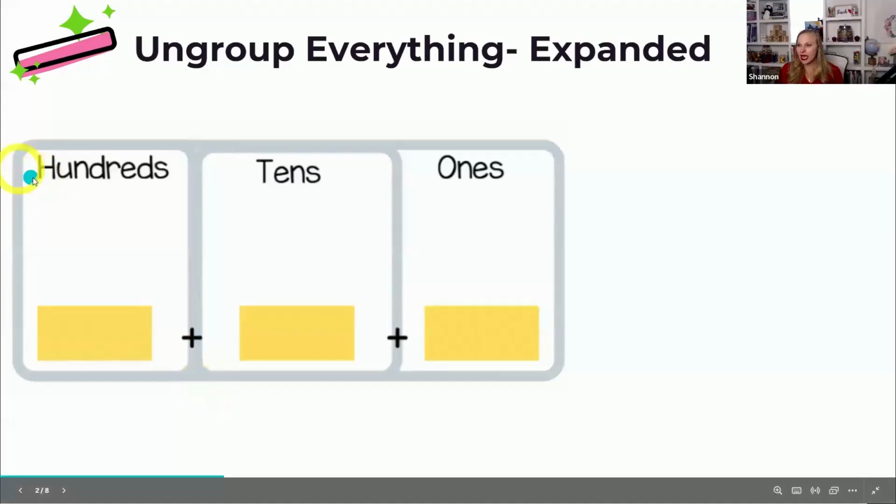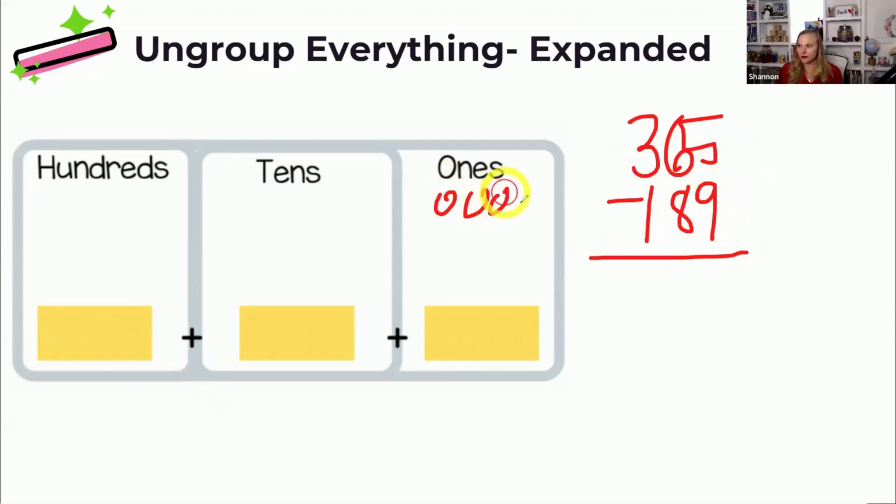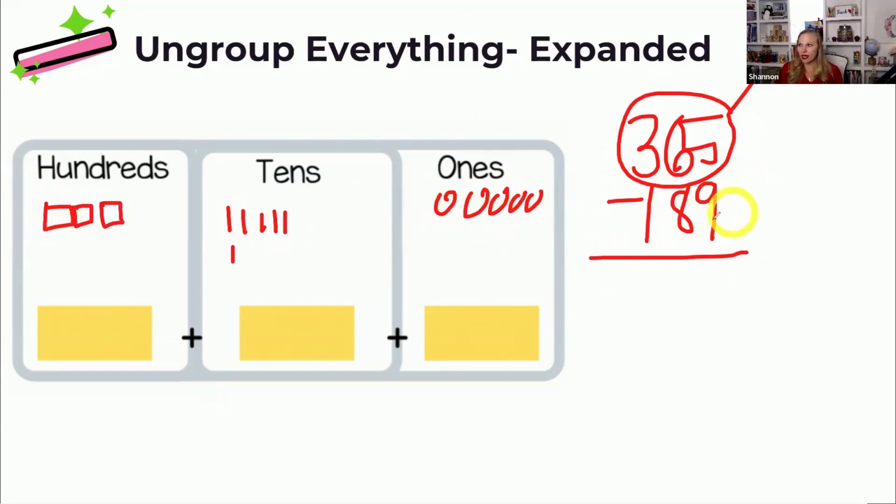So now when I say I have 365 and I subtract, sorry about the handwriting here with the mouse, 189. Okay, I say 5 minus 9. So I have my 5 ones here. I magnifying glassed it, right? So I have my 6 tens, excuse me, and I have my 300s. Now I say I have 5 ones, take away 9. They're like, oh, there, I have to ungroup.